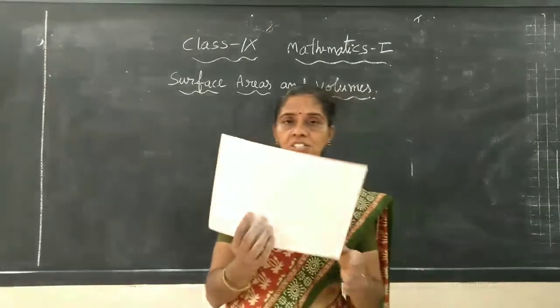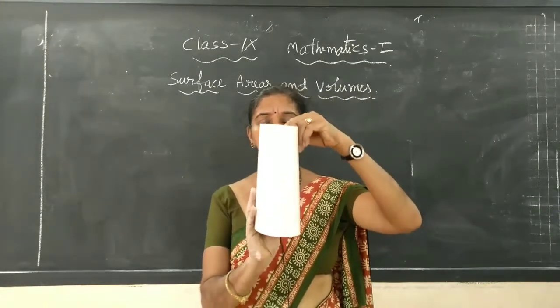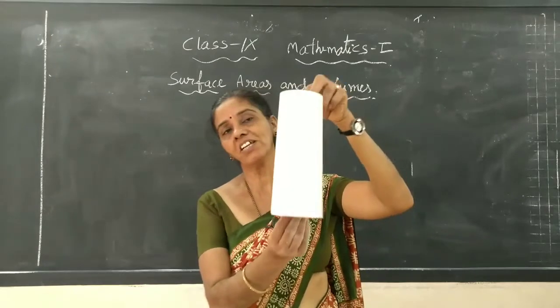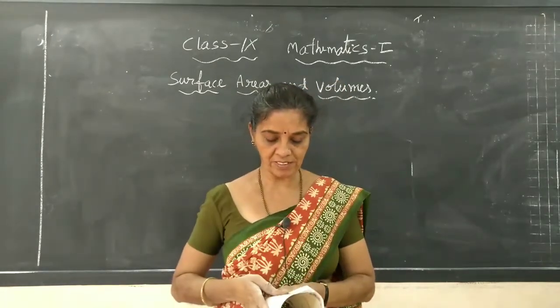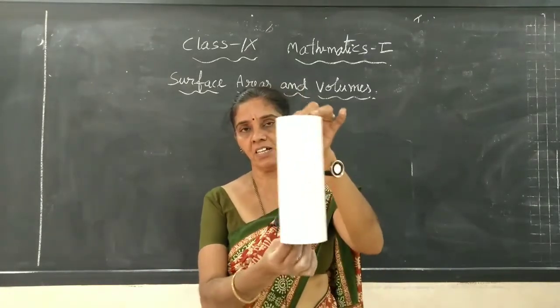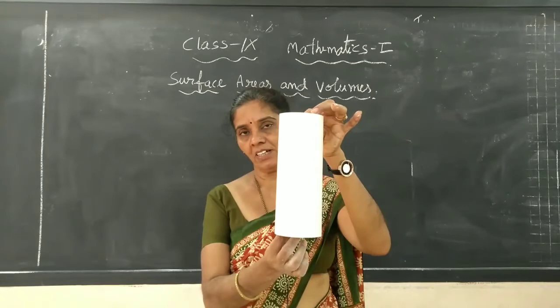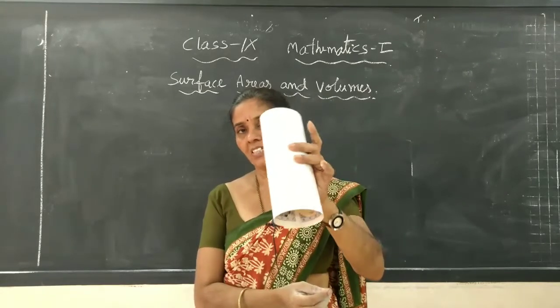Now I will take a sheet of paper, and if I hold it this way, which figure will I get exactly? I will get the cylindrical shape. This is the paper I have taken, a rectangle, and when I hold it I get the cylinder.